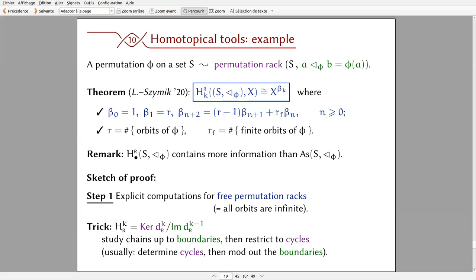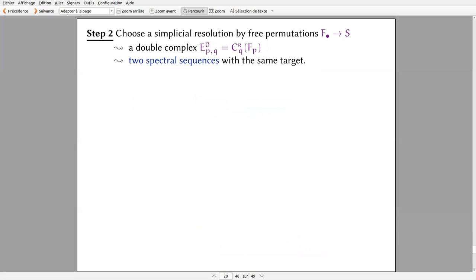Now, the second step is the following. It's the usual step when you're working with a homotopy. You take your object and you consider its simplicial resolution by free permutations.